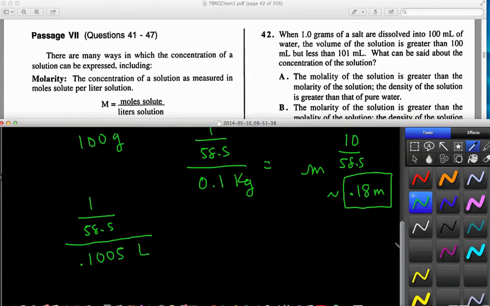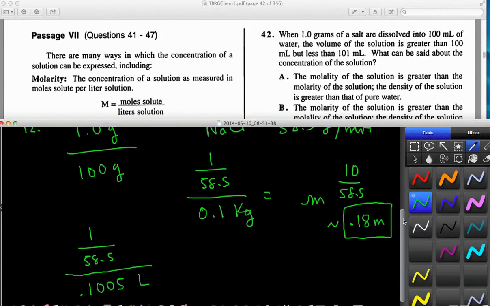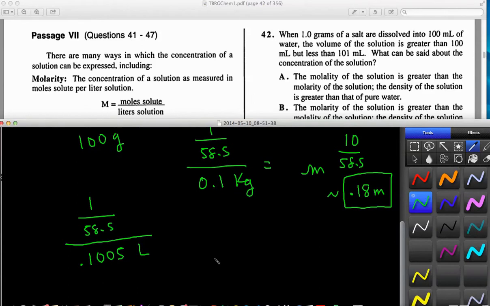Remember, they said that it's greater than 100 mils, but less than 101. So I just took the middle, 100.5. So when I divide by a larger number, 0.1005 is larger than 0.1, this number will be smaller, which means molality must be greater than molarity.